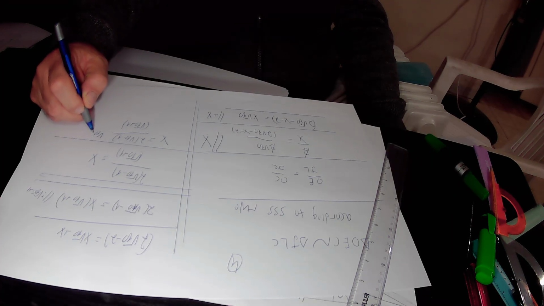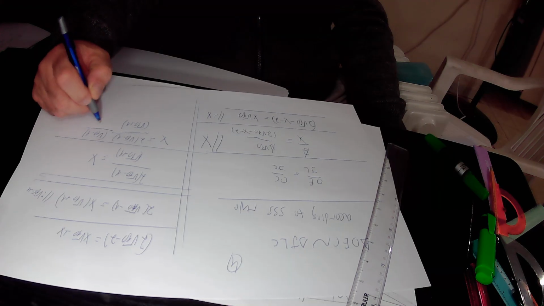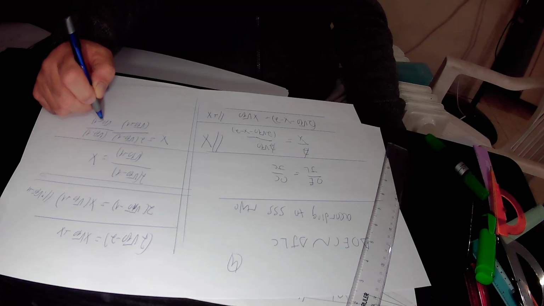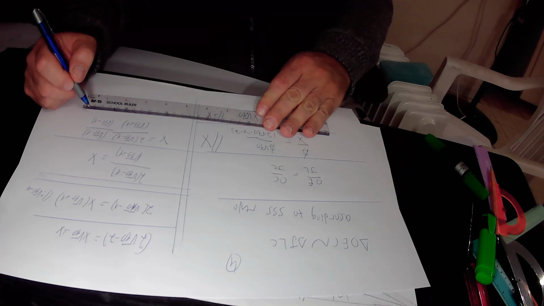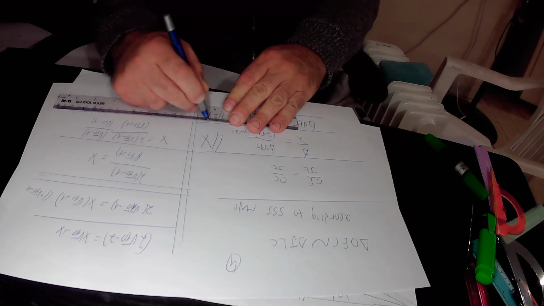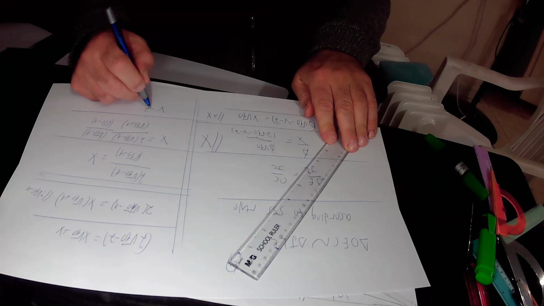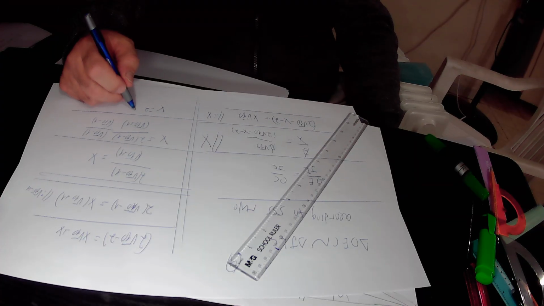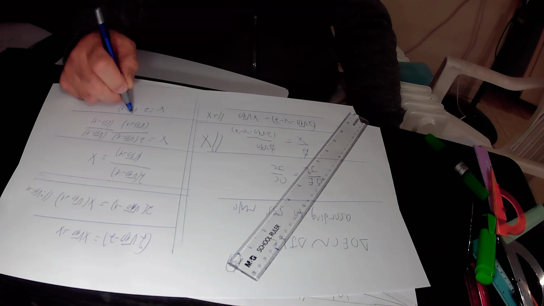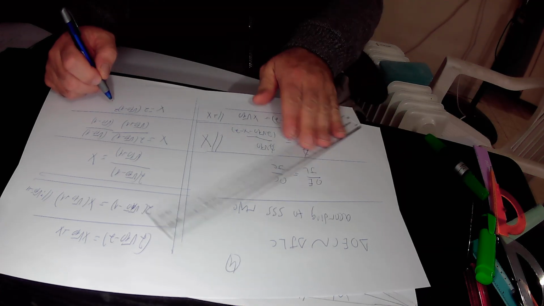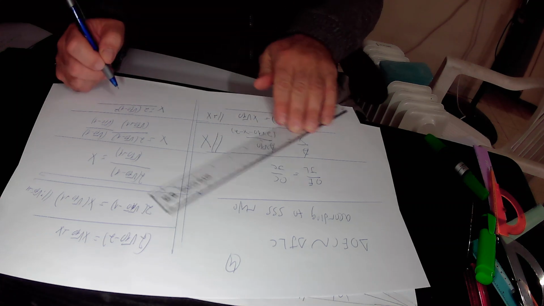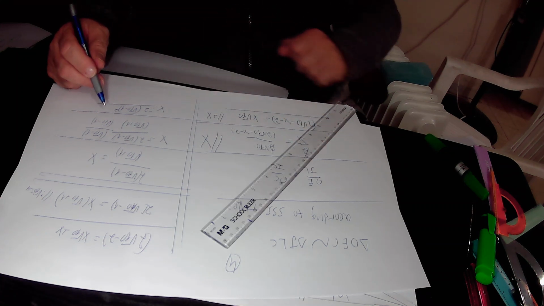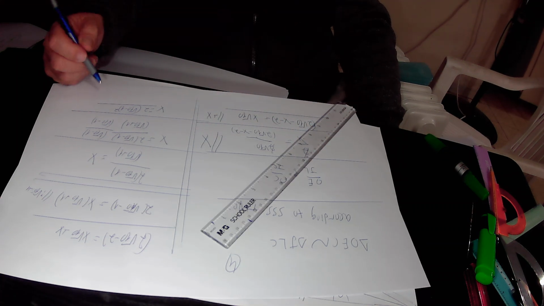So x equals to 2 times root of 10 minus 1 squared, over root of 10 plus 1 times root of 10 minus 1.